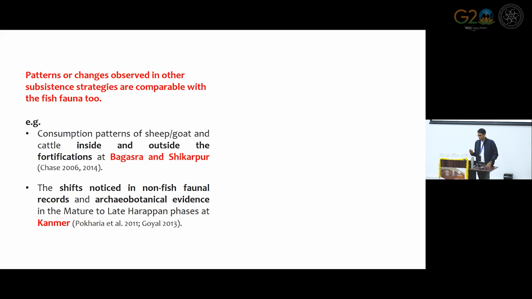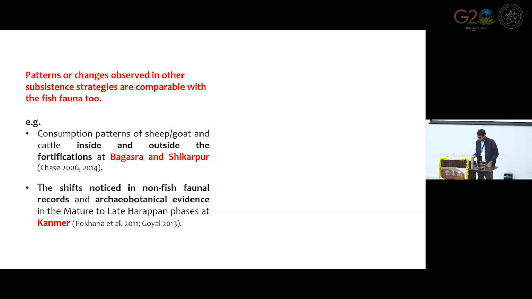Some patterns can be reflected in other aspects as well. Like at Bagasra and Shikarpur, the inside and outside fortification difference can be observed in the consumption of sheep, goat, as well as cattle. That proportion is different. I see Brad Chase has done a study on that.